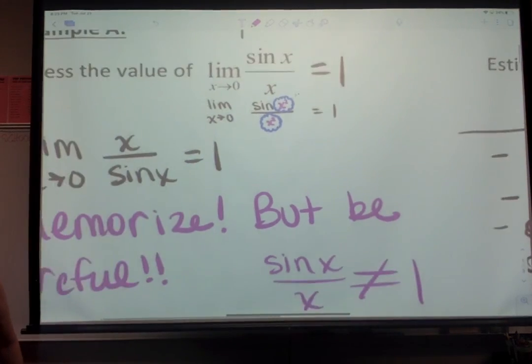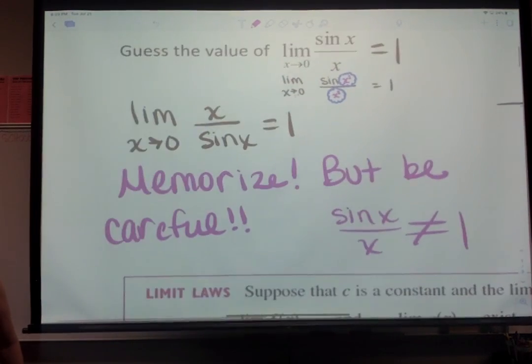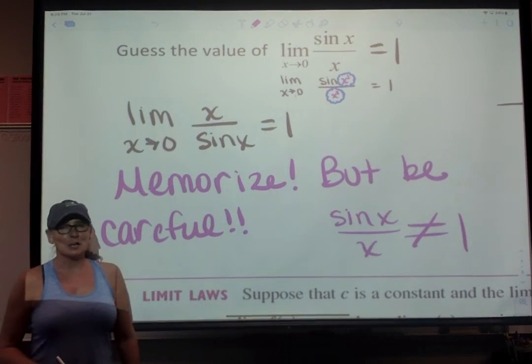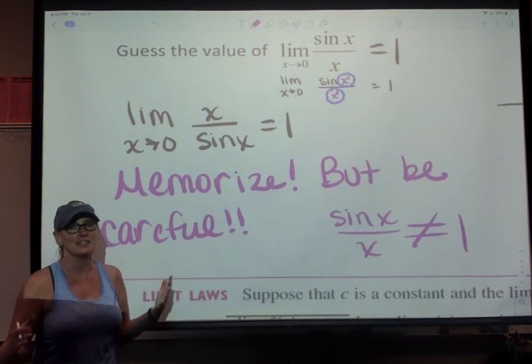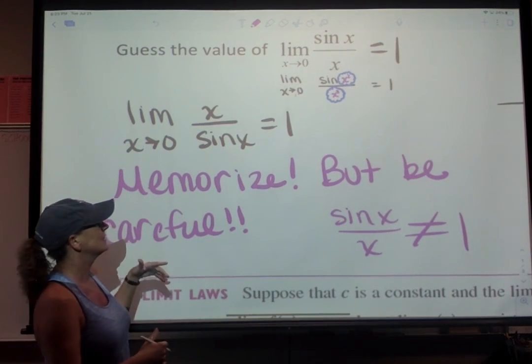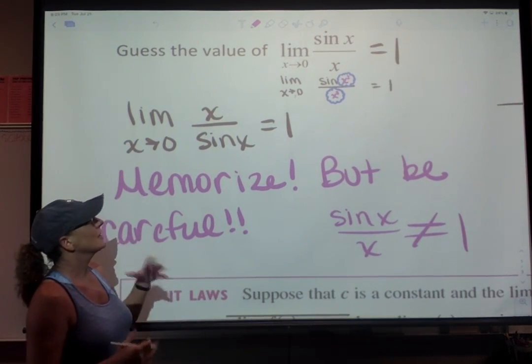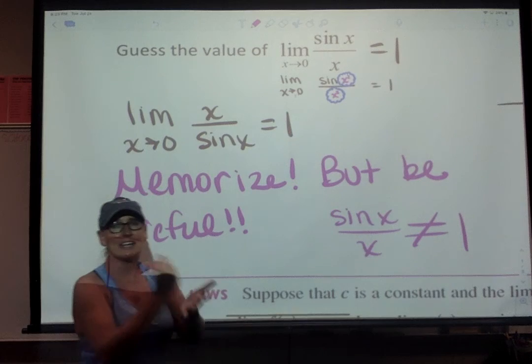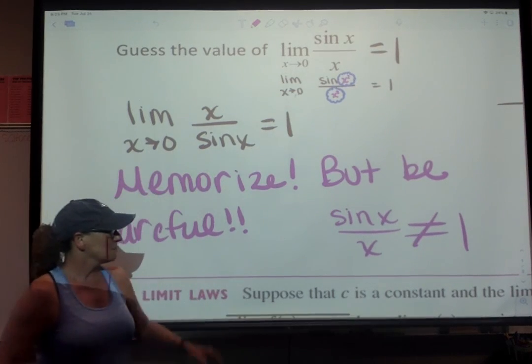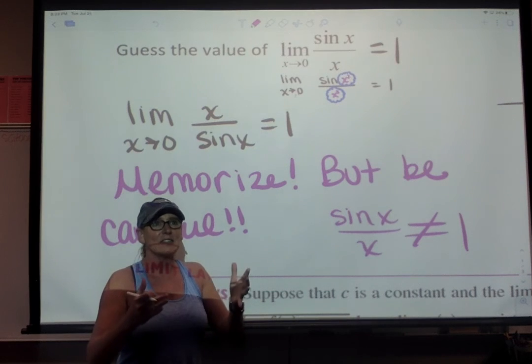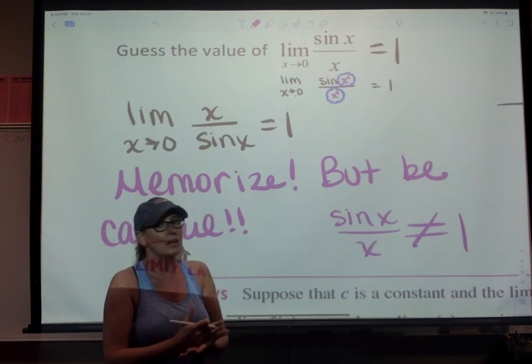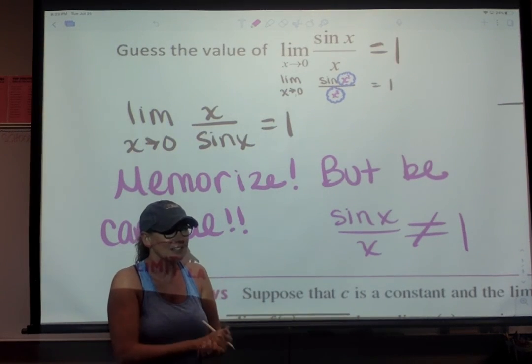The next thing I want to point out is that some calculus students get so proud of themselves because they've memorized this. Oh my gosh, they know this answer. They recognize it. They're like, oh, it's in my notes somewhere, I know the answer is 1. Well, some people get so overzealous that they forget that the answer is 1 only when you're doing a limit as x approaches 0.